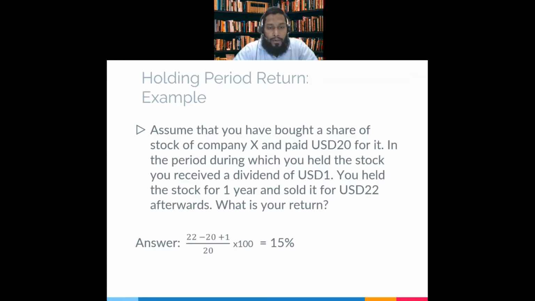The answer: we take the ending price, which is USD 22, minus the beginning price, which was 20, plus the dividend that we received, which is 1, divided by the beginning price, which is 20, and multiplied by 100. So we got 15%. So 15% is the holding period return of the stock of company X.